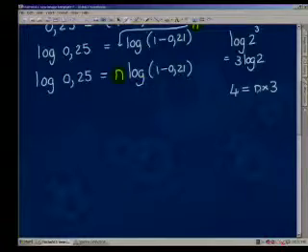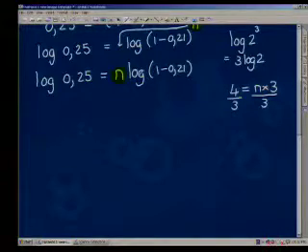Okay. What would happen if I had 4 is equal to n times 3? How would I solve for n? What would I do to get n isolated or by itself? I would divide through this side by 3 and that side by 3.